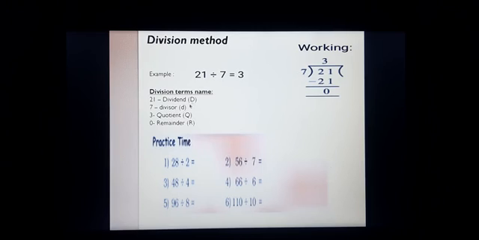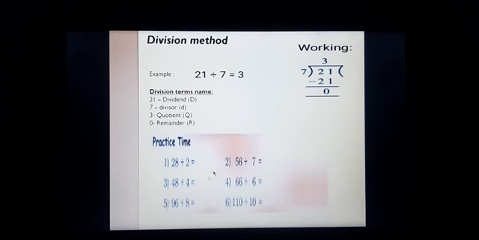And next the quotient, the 3, the number you multiply 7 by, will be written on top. That 3 will be known as the quotient, denoted by Q. And after subtracting, what is left at the end, that 0, is known as the remainder, denoted by R, right?